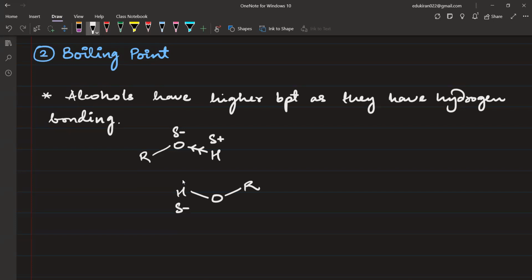Similarly, delta positive charge will be there on hydrogen of this particular alcohol and delta negative on this oxygen atom. And also the oxygen atom contains lone pair electrons. So these lone pair electrons can also take part in the bond formation with hydrogen. This is hydrogen bond. So delta negative and positive, they will form bond like this. So this is the hydrogen bond.